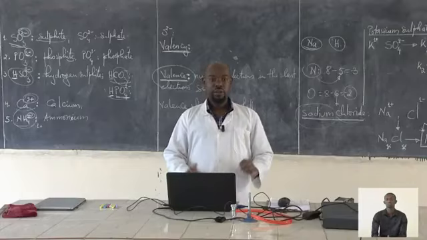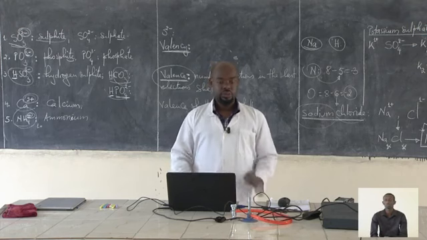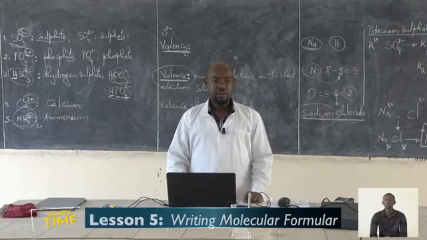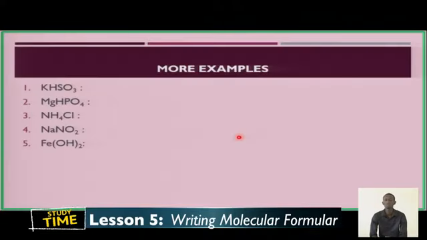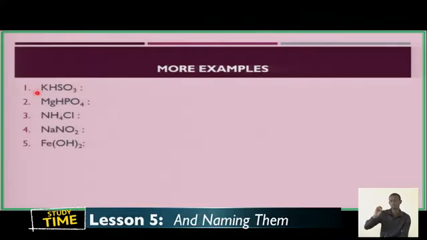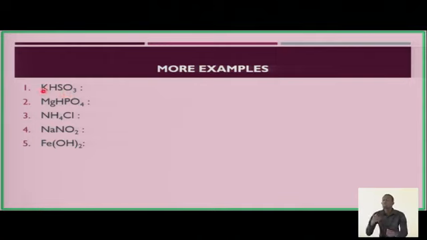Now, more examples. KHSO3. What is the positive part? It is K. And what is the negative part? HSO3. What is the name of the positive part?